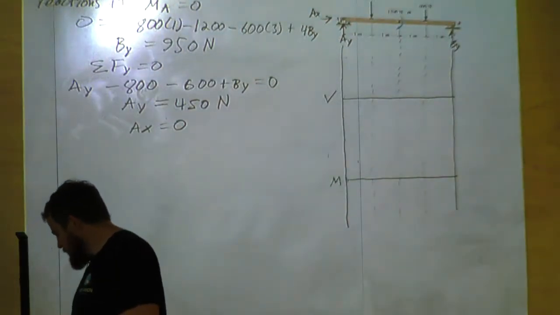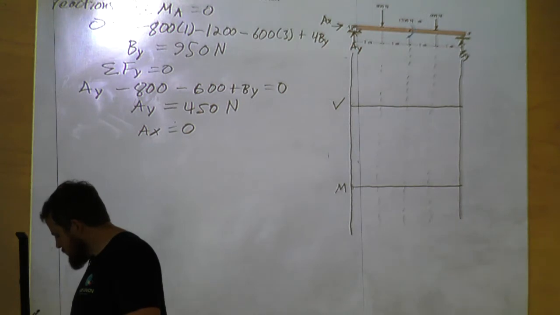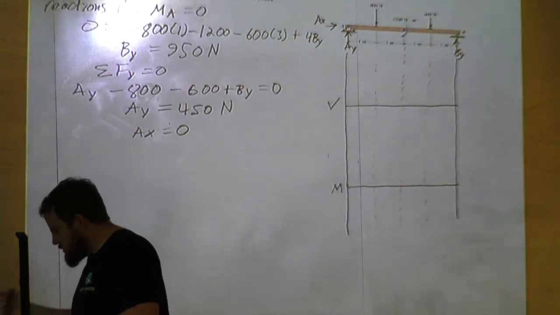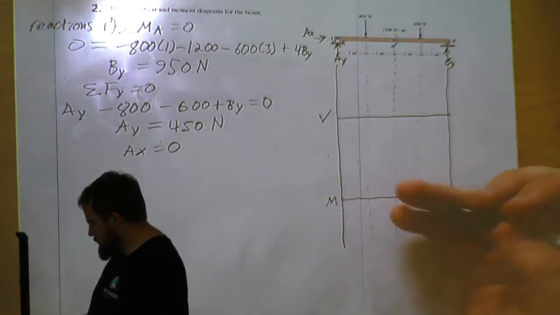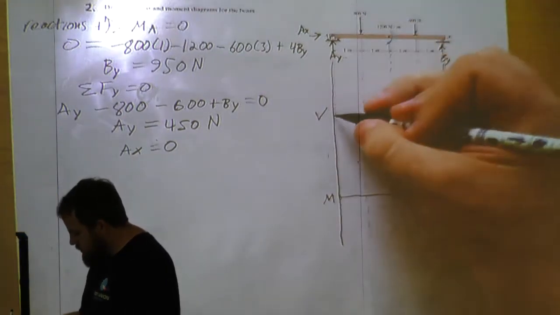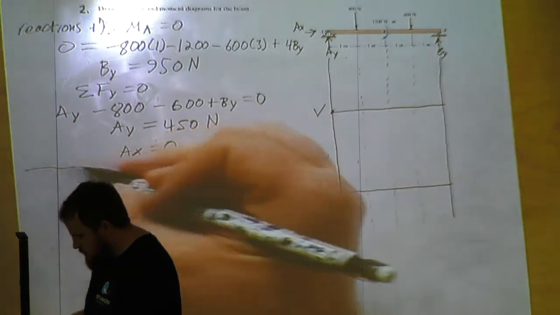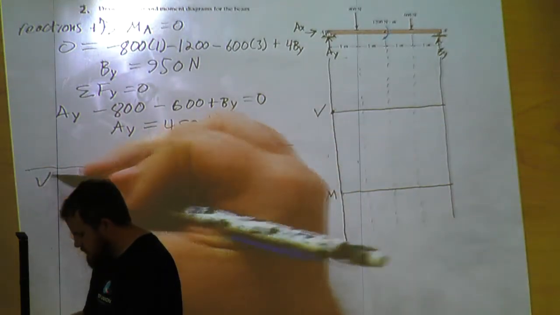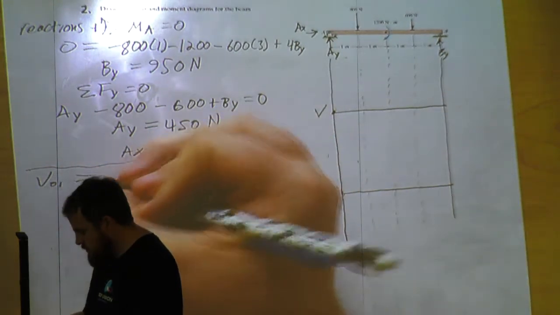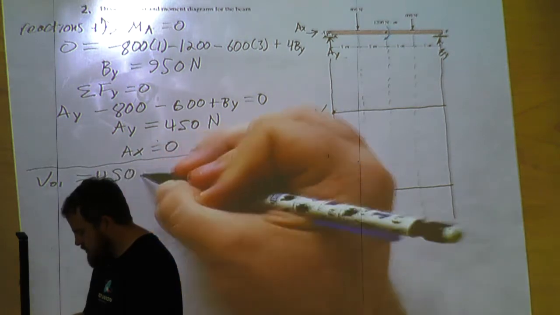So the shear at 1 is just going to be 450 newtons because that's our AY, right? So let me just write this out. So the shear from 0 to 1 is just 450 newtons.